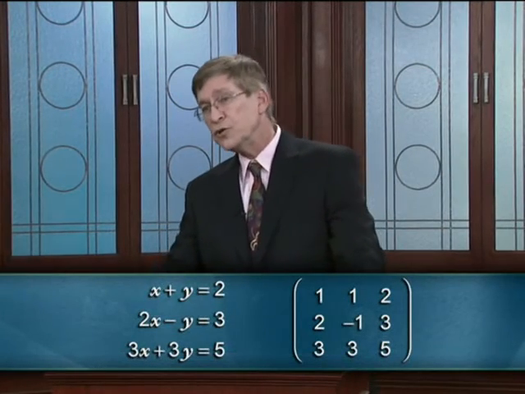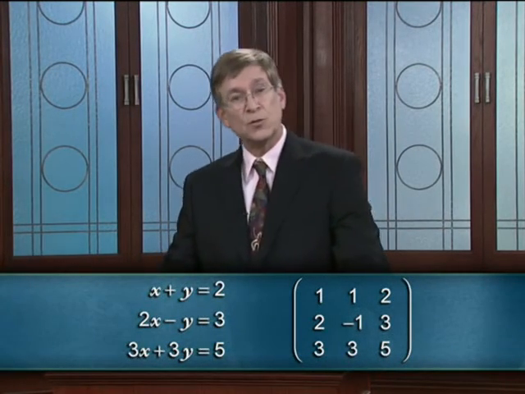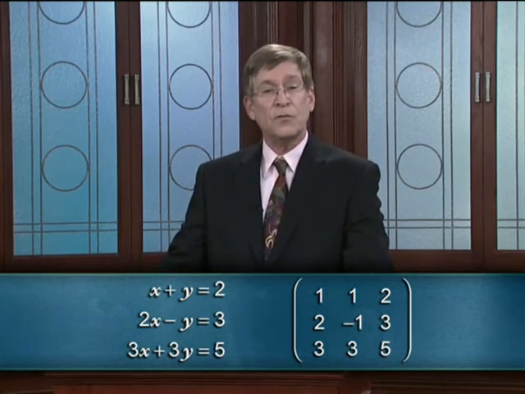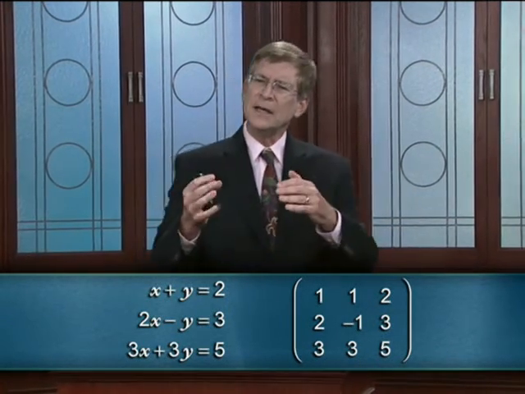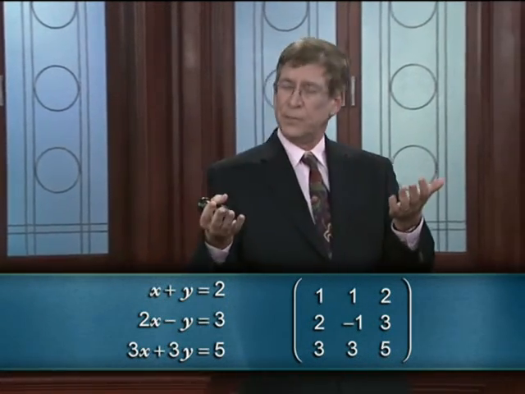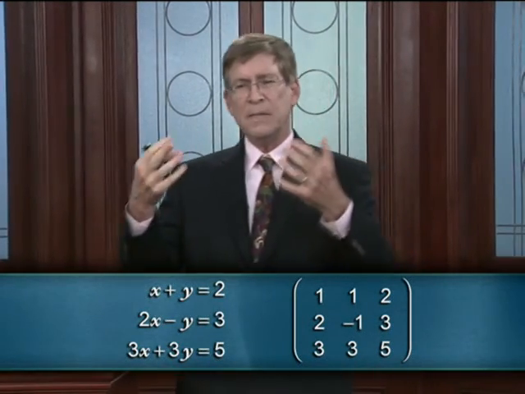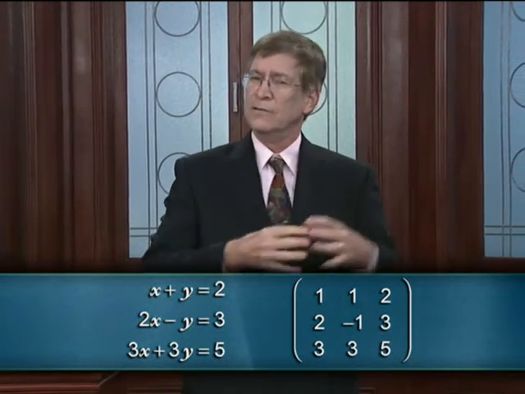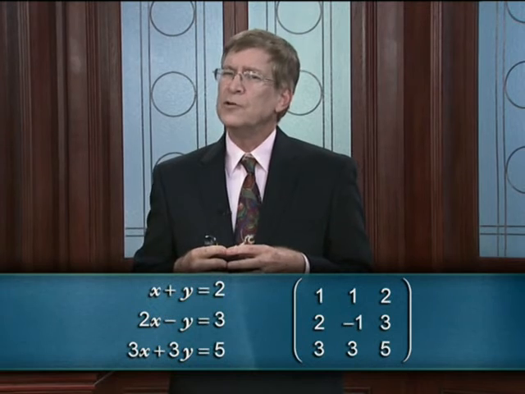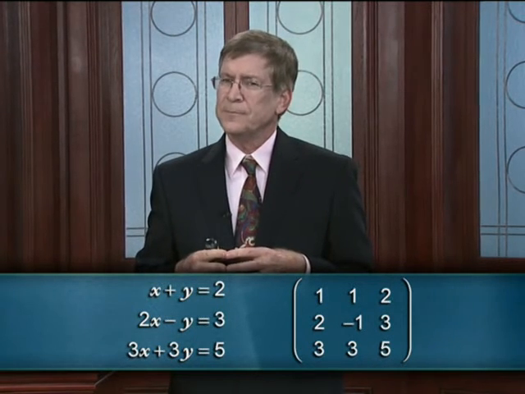Suppose I said the following. The matrix is a 3 by 3 matrix, meaning it has 3 rows and 3 columns, and the numbers are 1, 1, 2 in the first row, 2, minus 1, 3, and then 3, 3, 5. I claim that that could be interpreted as the matrix of a linear system of equations. What's the corresponding linear system?